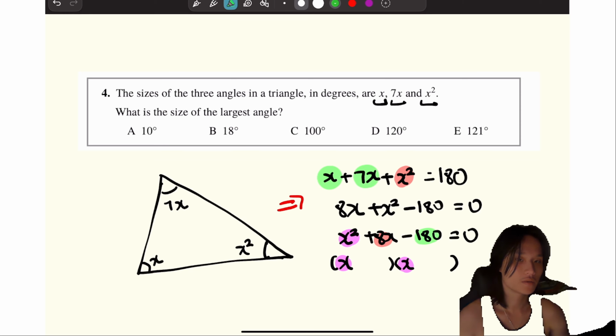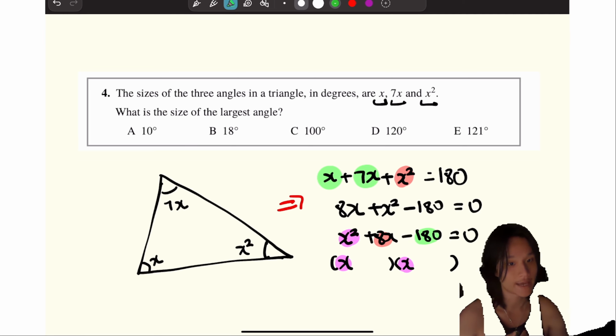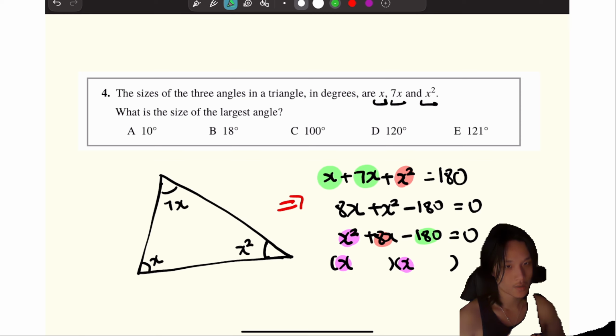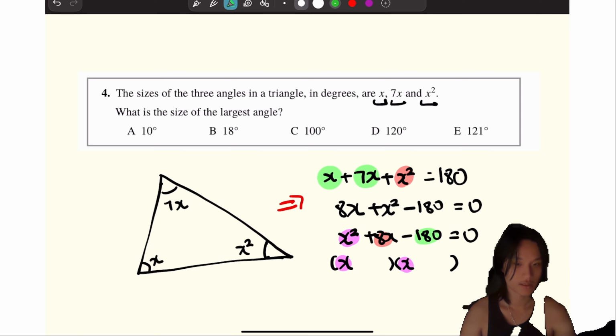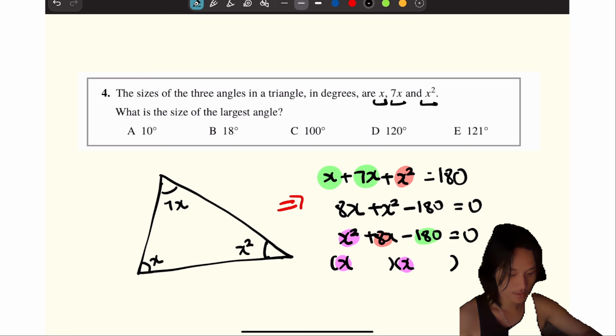So we want to think of two numbers such that when you multiply them, we get a minus 180, and when you add them up, we get 8. And with a bit of trial and error, we should be able to find the numbers.